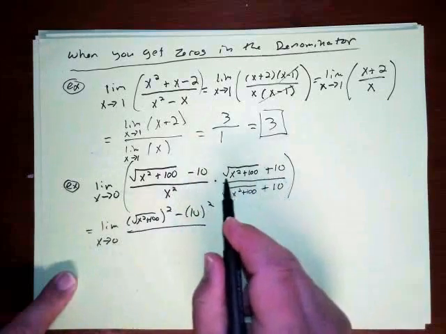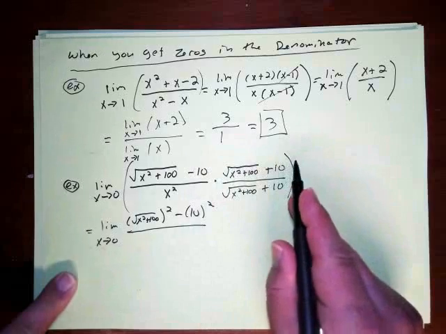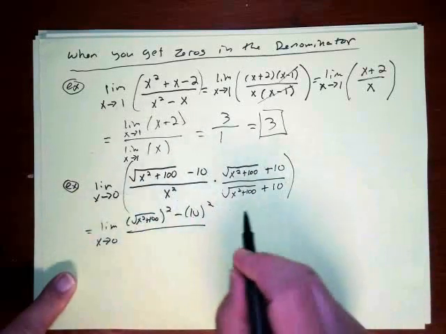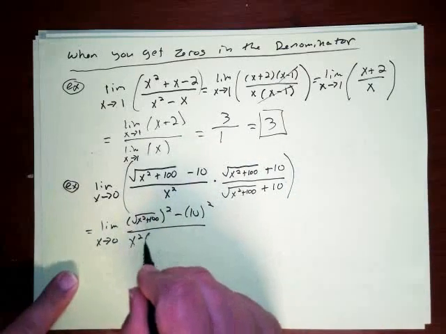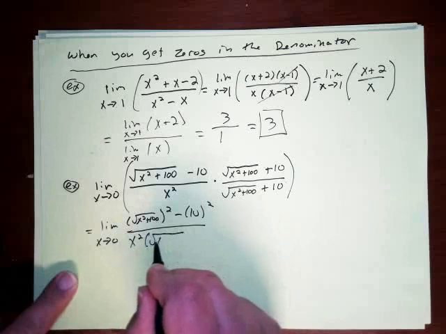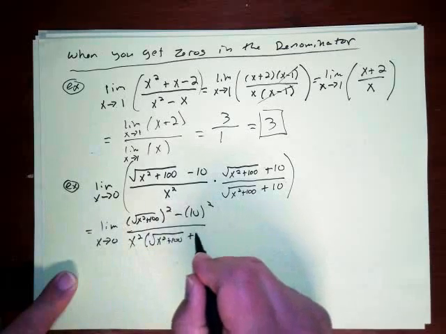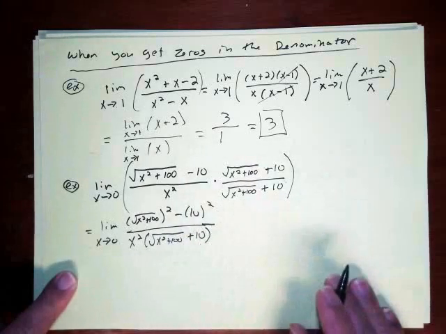Okay, so that's using a plus b times a minus b is equal to a squared minus b squared. This is the a and that's the b. So then I get x squared times the square root of x squared plus 100 plus 10. So then this would look like that.